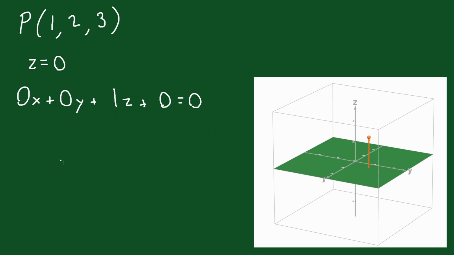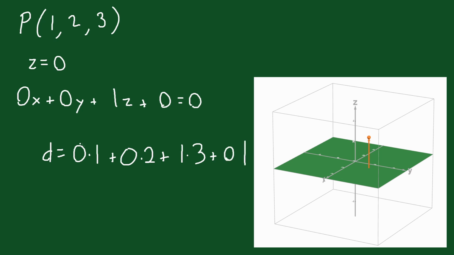So you take your formula, it says distance is equal to a times x0, so 0 times 1. Okay, we can write that out, 0 times 1, plus b times y0, so 0 times 2, plus c, which is 1, times z0, so 1 times 3, plus the d value of 0.